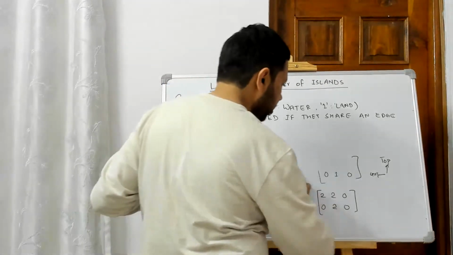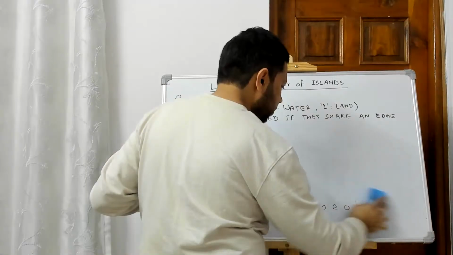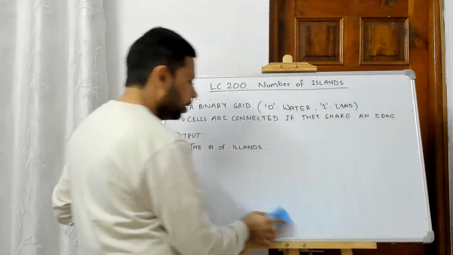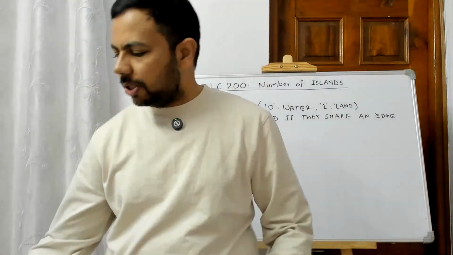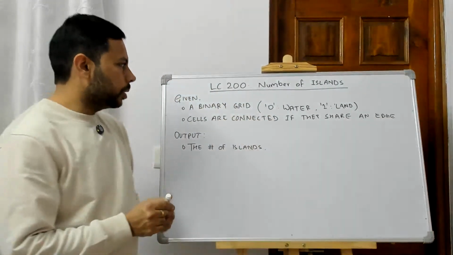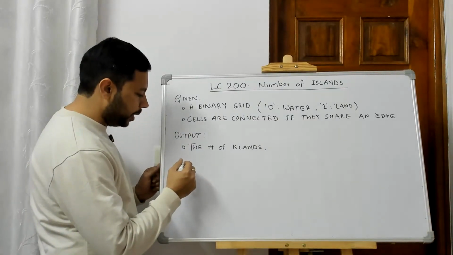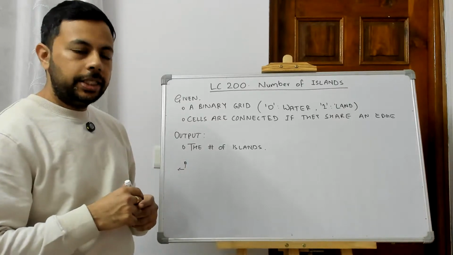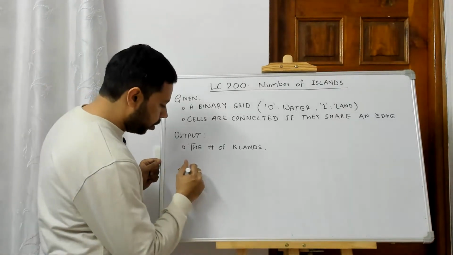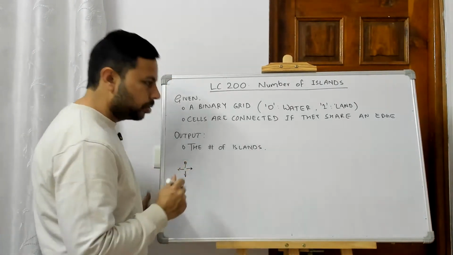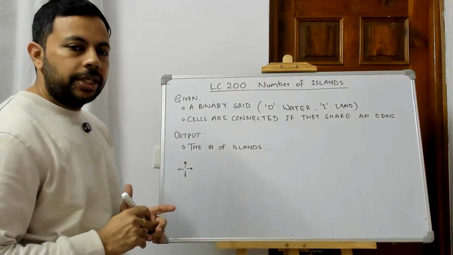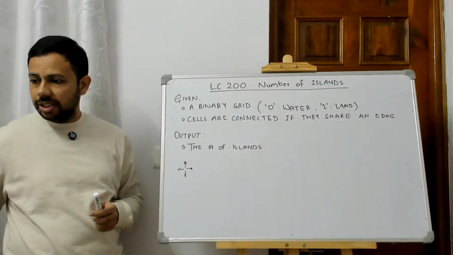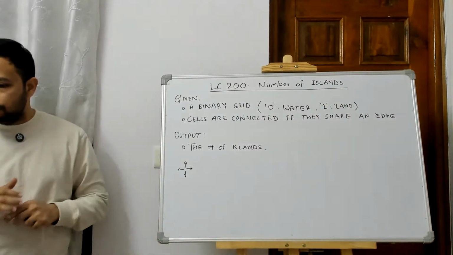So if you cannot process it index by index by iterating row wise and column wise, how can you do it? If this was a question where you only considered top and left neighbors, then probably you could do it with grid iteration. But since you have to consider all neighbors in all 4 directions, an iterative approach where you go through rows and columns will probably not work. So what can we do?